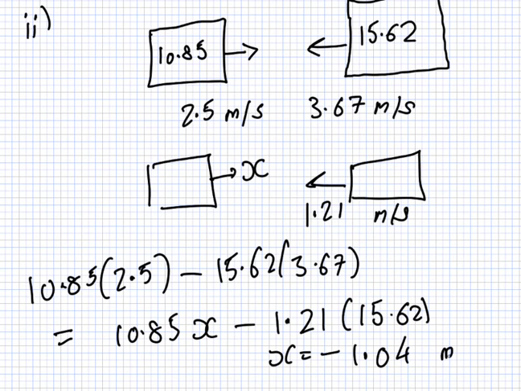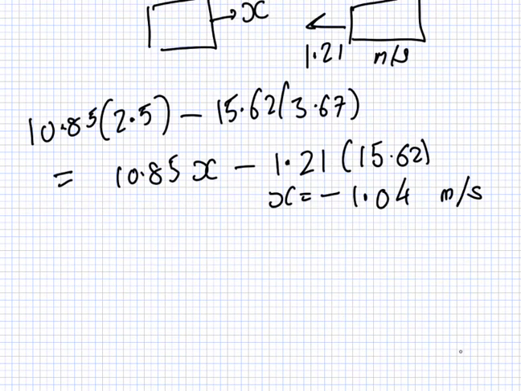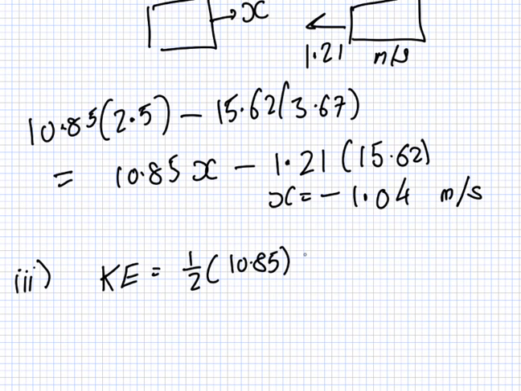Okay, can I go on to part 3? What is the change in kinetic energy of A and B? Okay, so the kinetic energy before the collision is a half m u1 squared, what's that? 2.5.